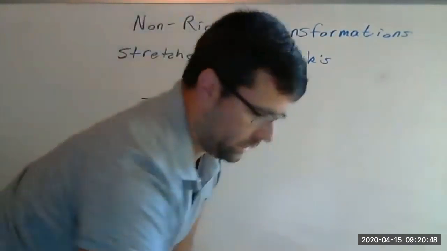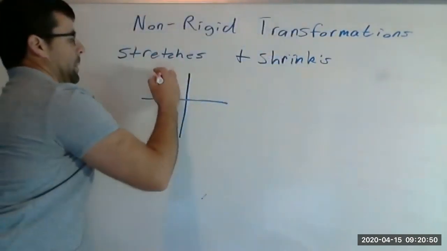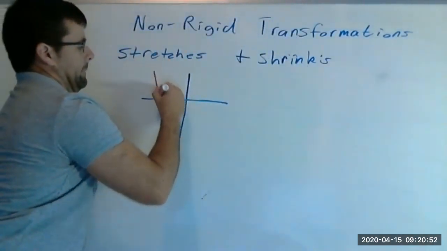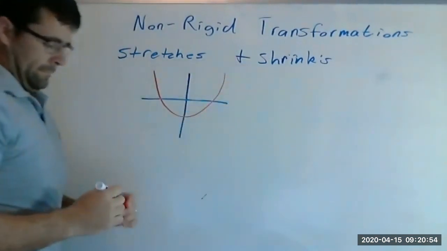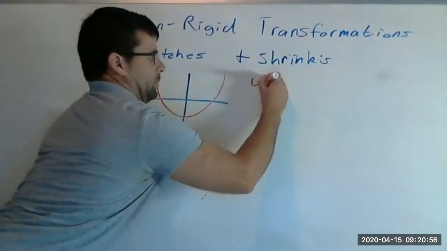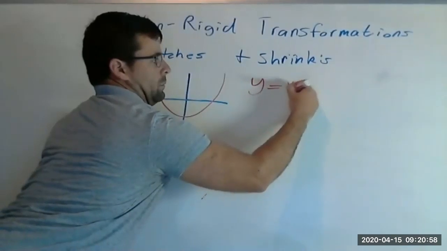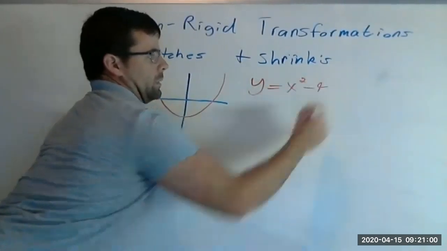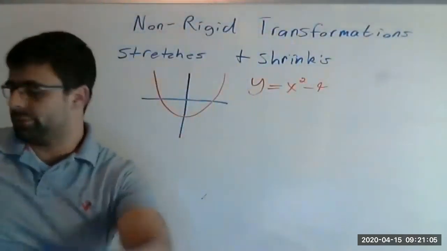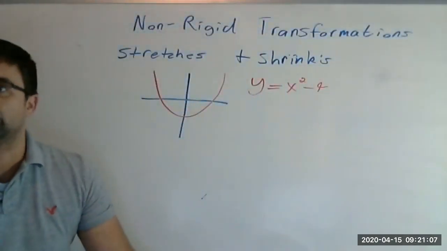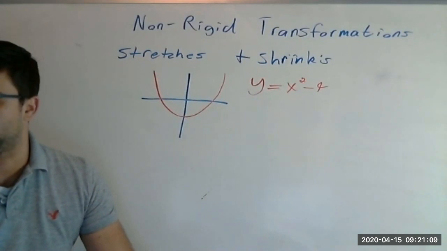Draw a little thing up here. Let's just say that that's what we've got. All right, so we've got an equation, y equals x squared minus 4.